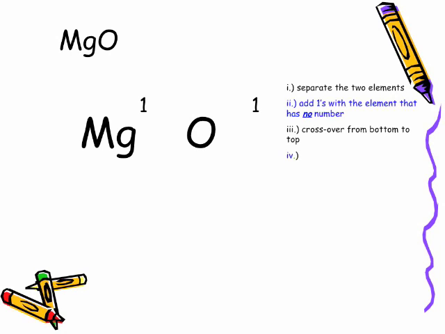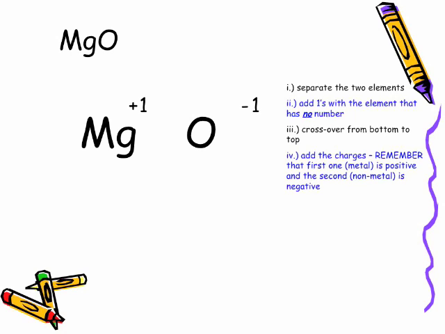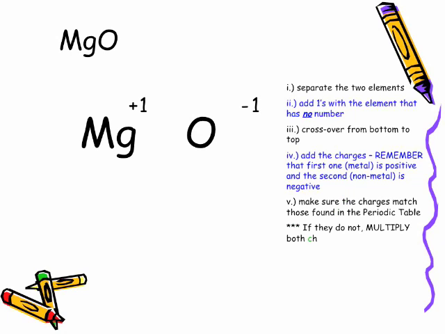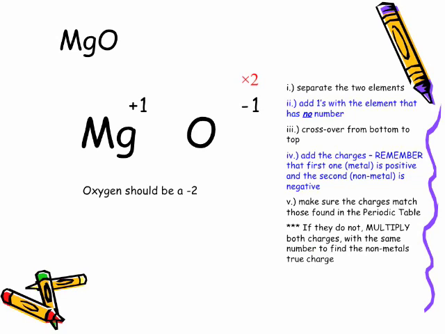Okay, we're going to add charges. Remember, the first one, metal, is positive. Second one is negative. And we're going to make sure that the charges match those. Now, here's the thing. Oxygen should be -2, and magnesium is supposed to be +2.